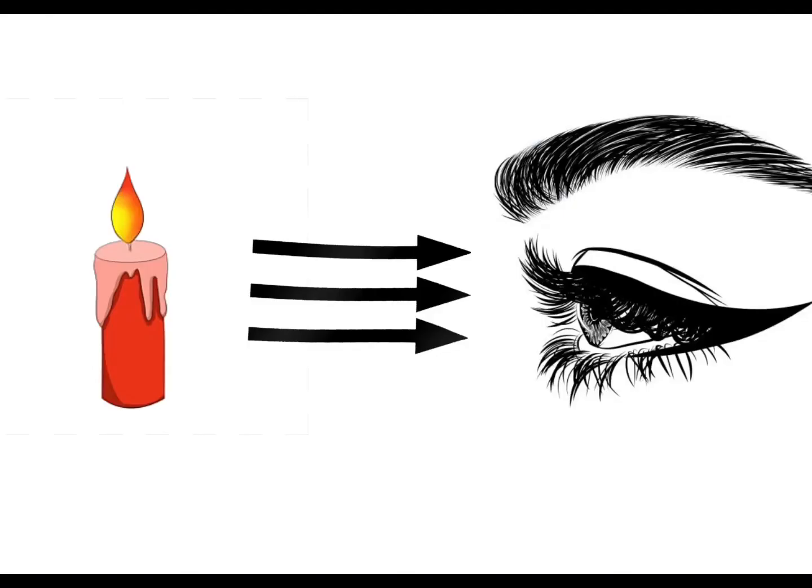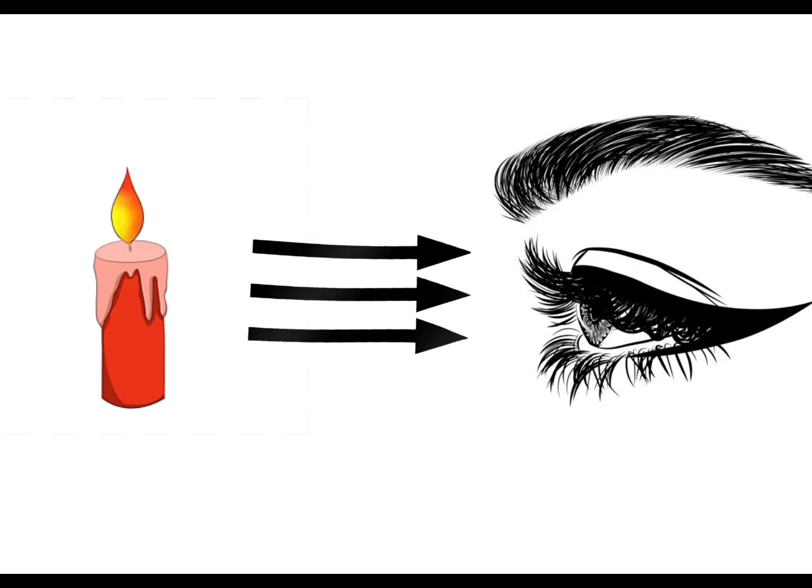Okay, let's talk about the process of visionary senses. If you want to see something, for example, let's take a candle. If you want to see that candle, the light rays from the candle enter into the eye.